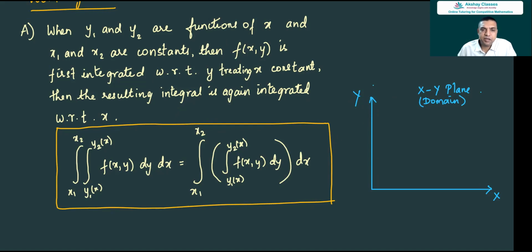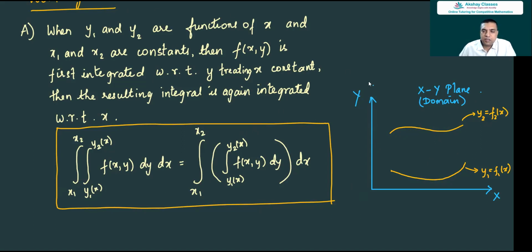How will this look? y is a function of x. So let's say y1 is a curve like this, y2 is a curve like this. So this is y1 equal to f1(x), and this is y2 equal to f2(x).